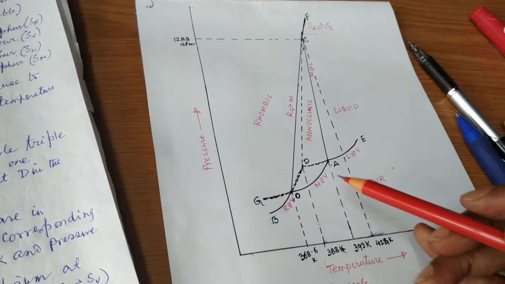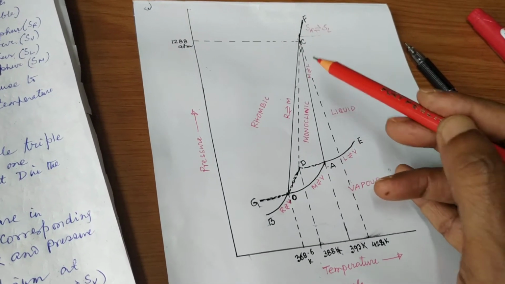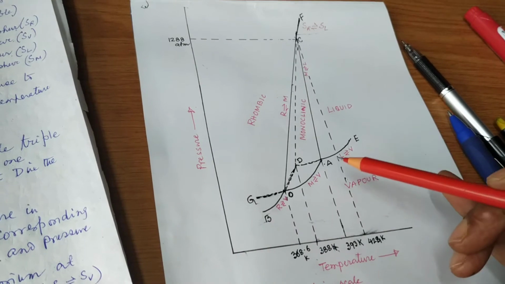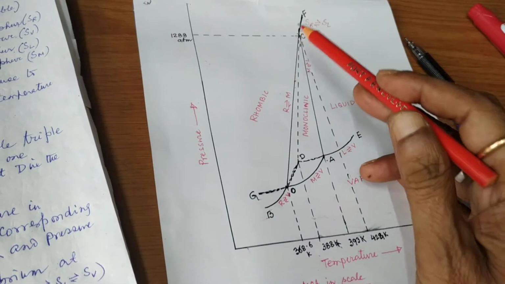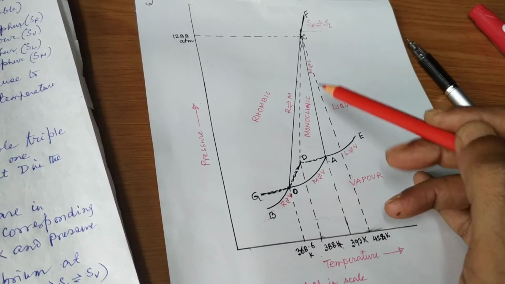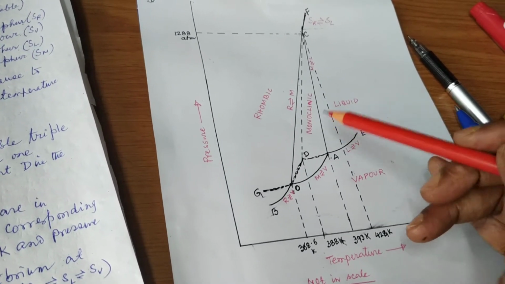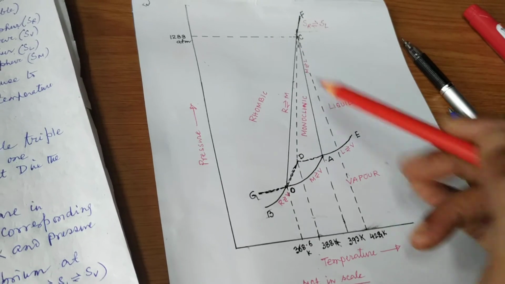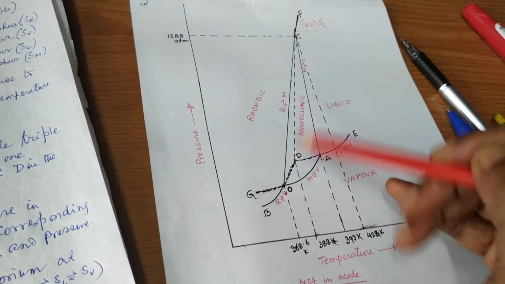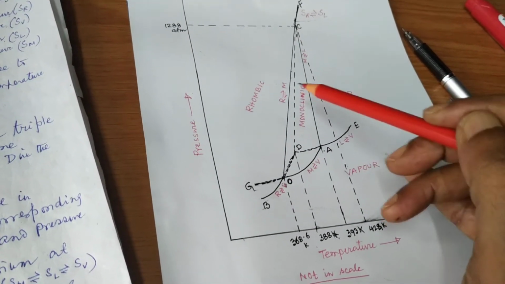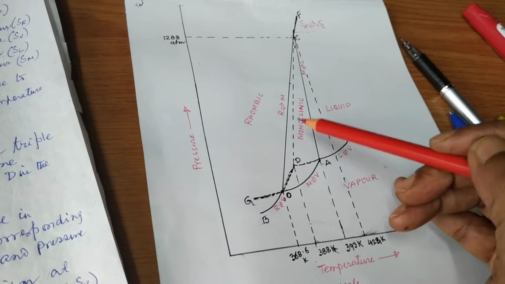The area FCAE is liquid sulfur. And the area OCAO is the area for monoclinic sulfur.